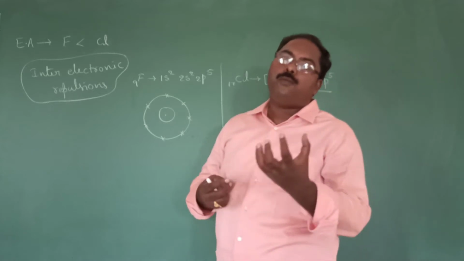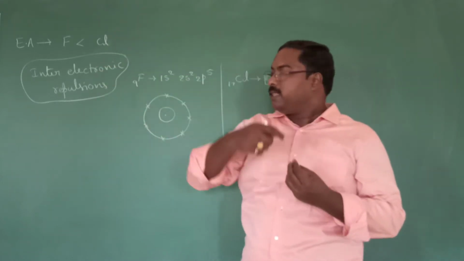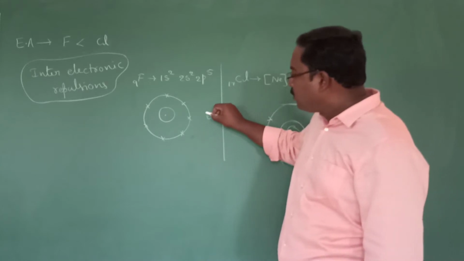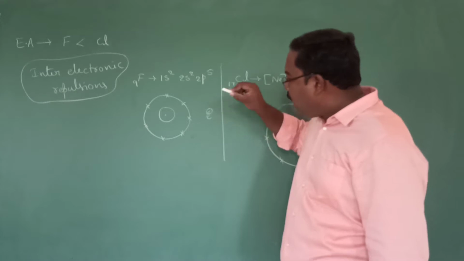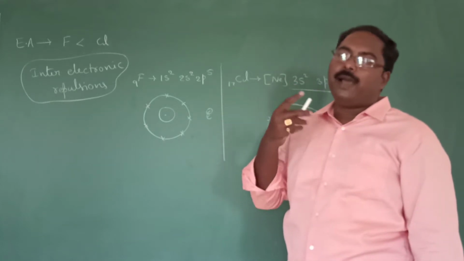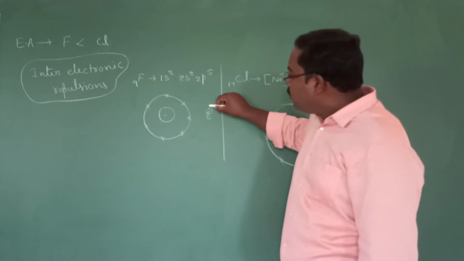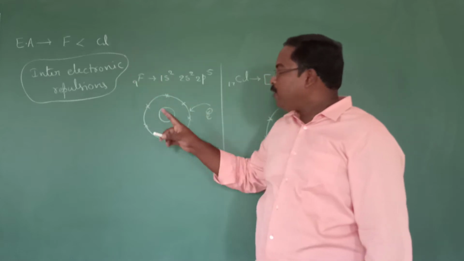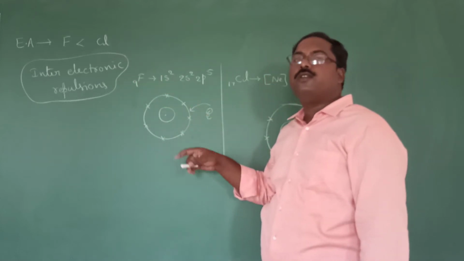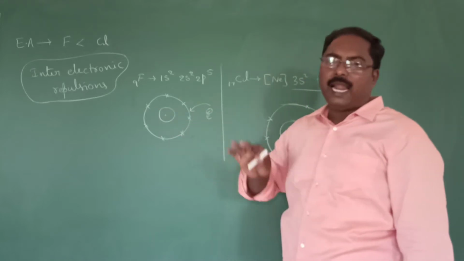When there are more repulsions between the electrons, they will resist another incoming electron. The incoming electron, the one we add to the valence shell, also carries a negative charge. Already there are very high repulsions between the electrons in fluorine, so they will be reluctant and oppose the incoming electron.